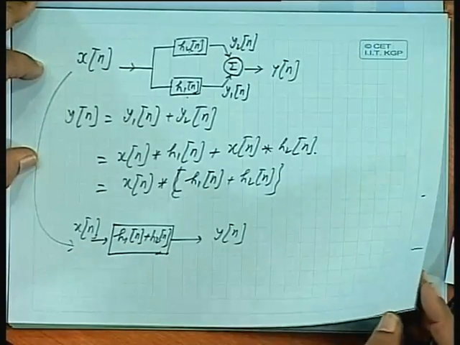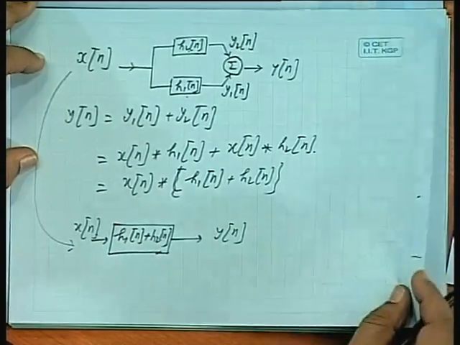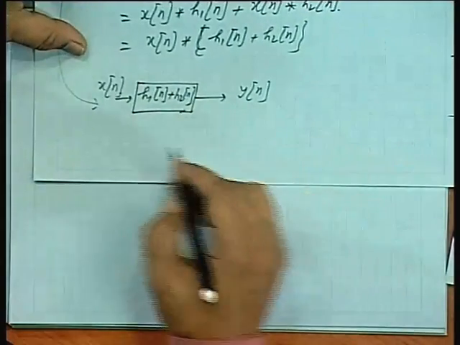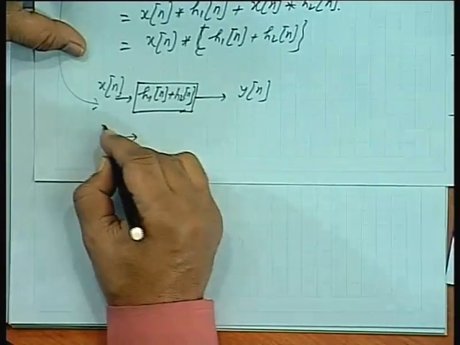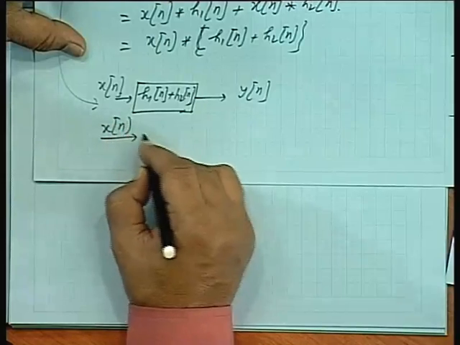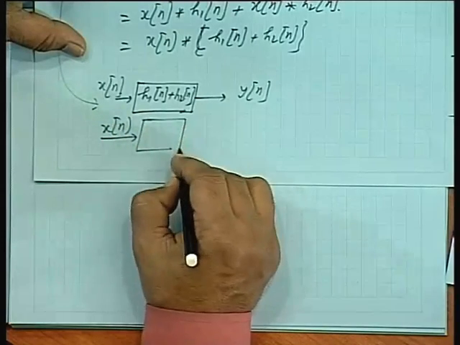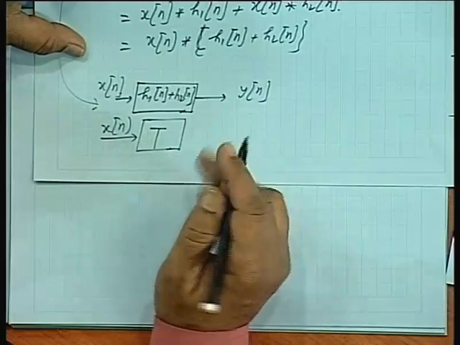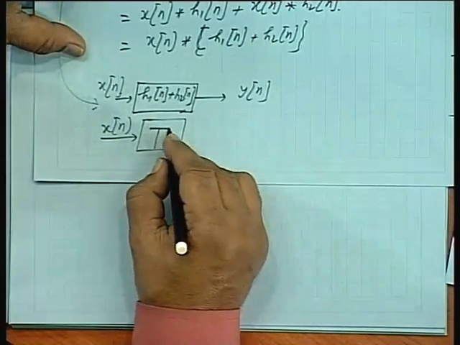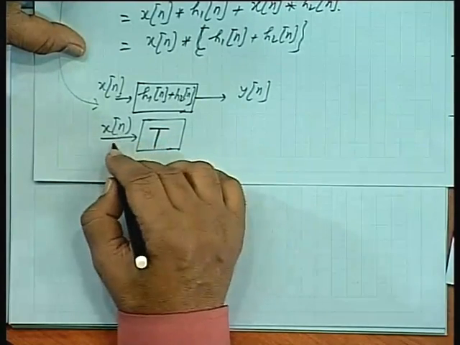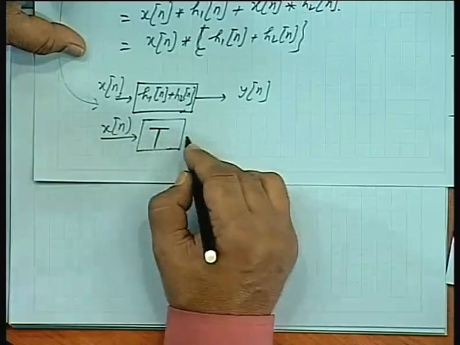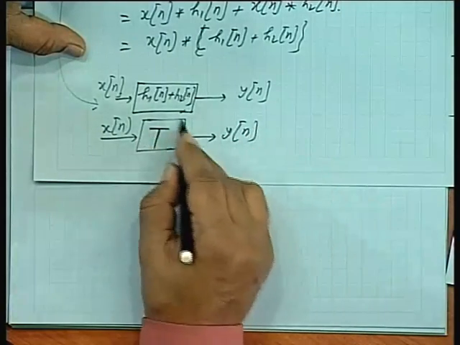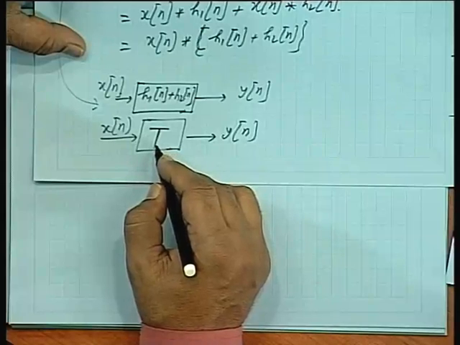Okay. So, basically we write Xn, sometimes people write T for transformation, not for delay, capital T for transformation, that is Xn gets transformed to Yn through this system function.